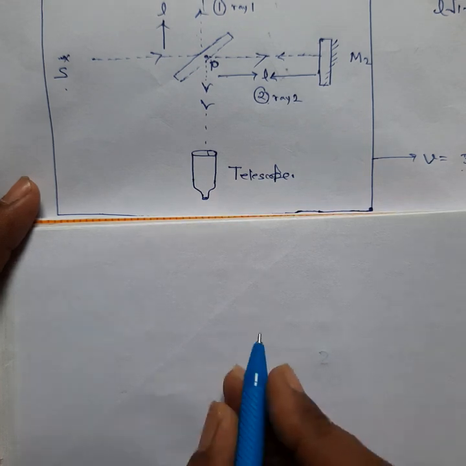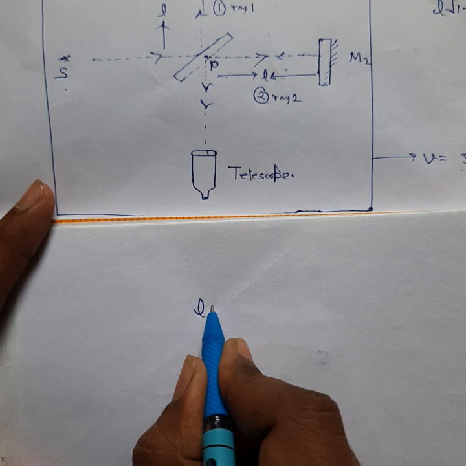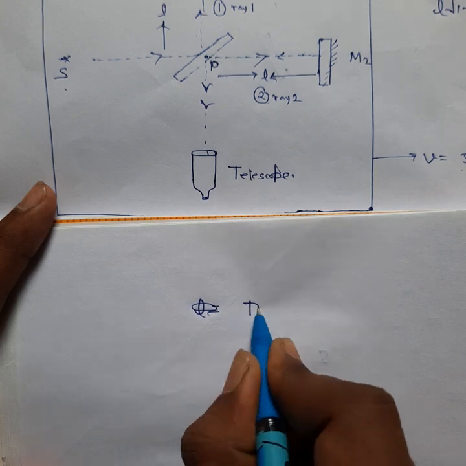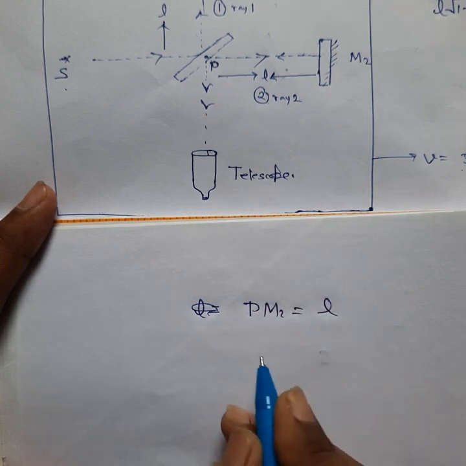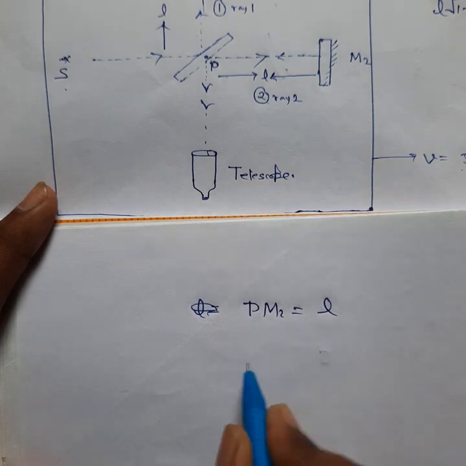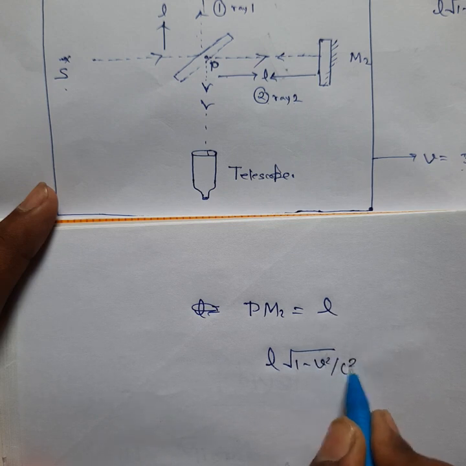So if you consider the length contraction hypothesis, then the length which we initially considered for the calculation of transit time for ray 2 will change. The length PM2 was initially considered as L. Since the whole setup is moving with velocity v with respect to the observer of the ether frame of reference, this length will appear as L root of 1 minus v square by c square.